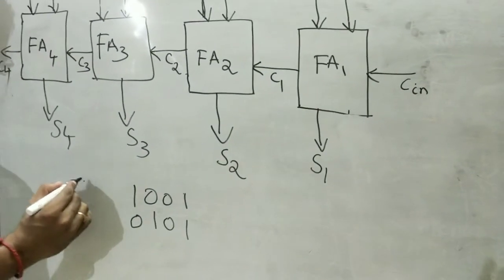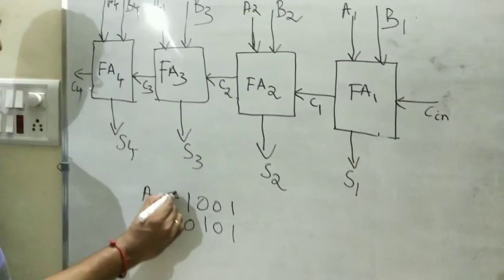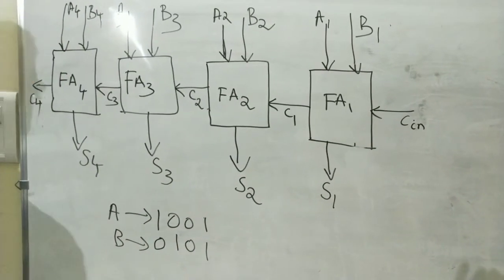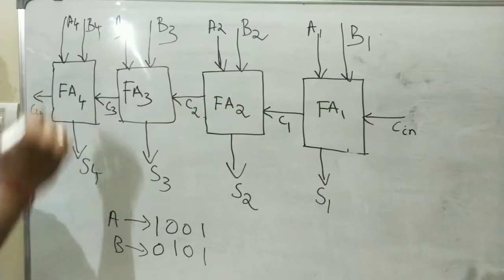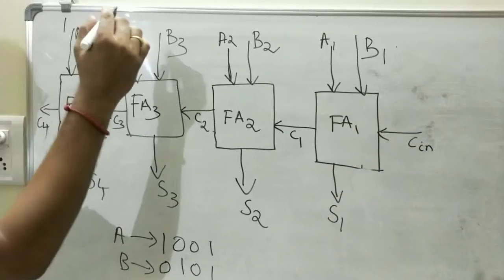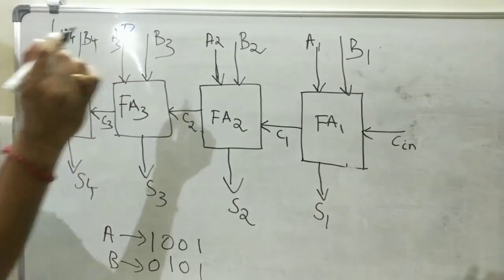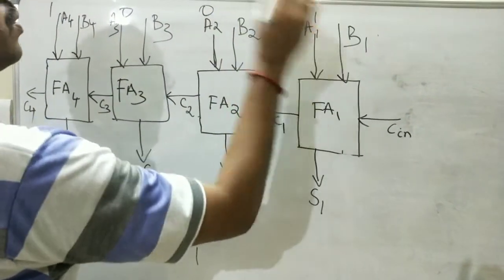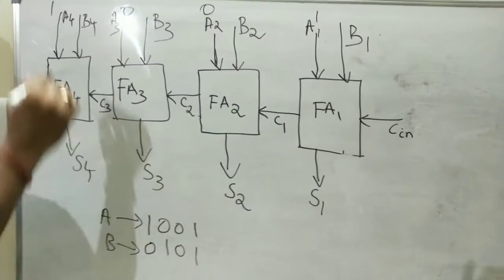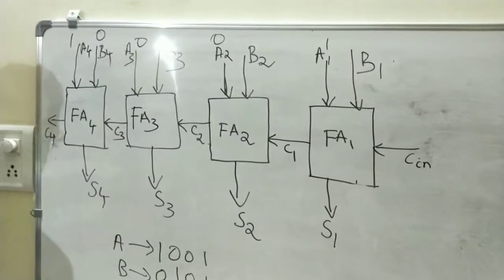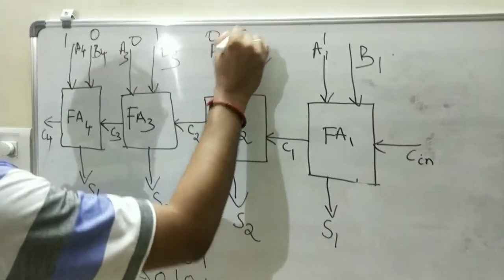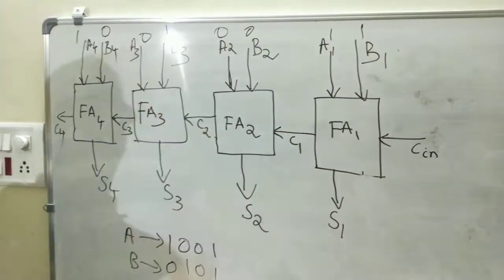This is A, and this is B. What is A? A is 1 0 0 1. What is B? B is 0 1 0 1.